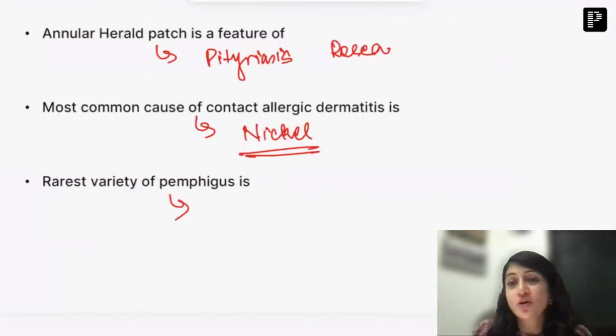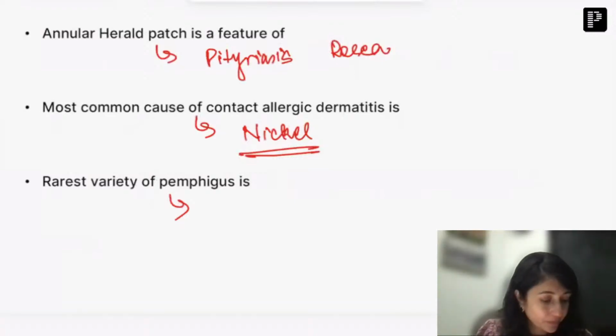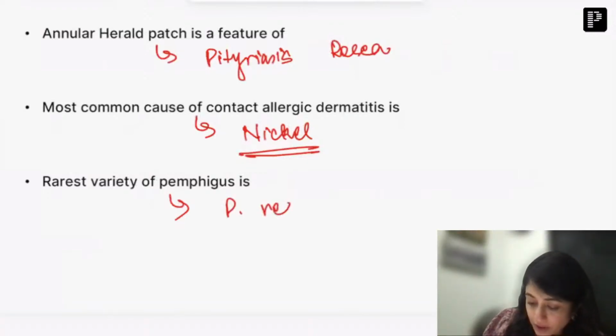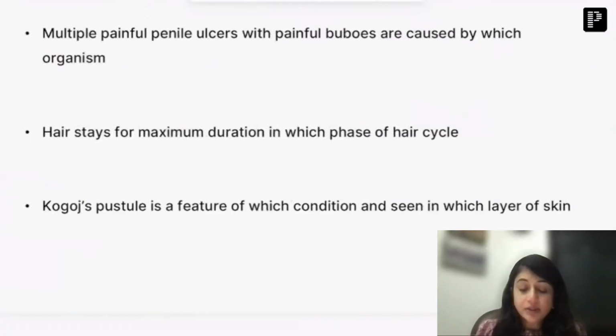Pemphigus vulgaris is commonest. Vulgaris means common. So yes, you are right. It is Pemphigus vegetans. This is the rarest variety of pemphigus.